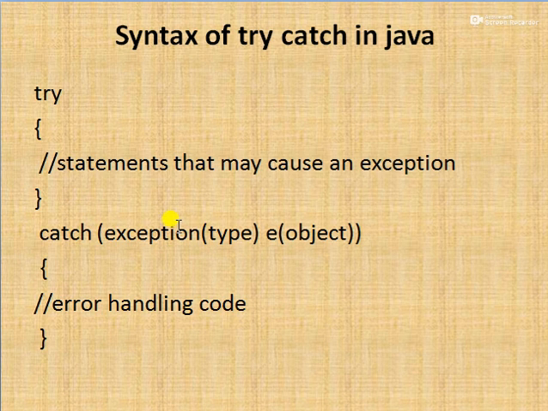Suppose it is a built-in type exception, we'll write the name of that exception or the class of that exception with the object. So we'll catch that exception with the name of the exception and with the object, and then whatever error we are handling, that error message or that error elimination process we will write in the catch block.